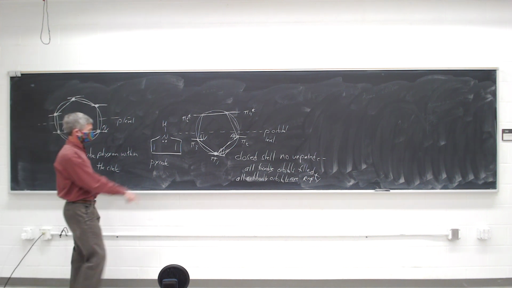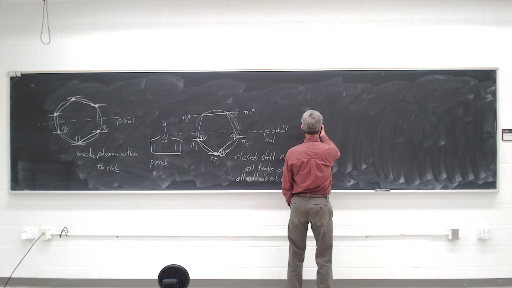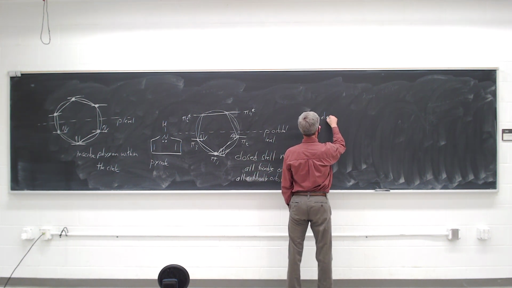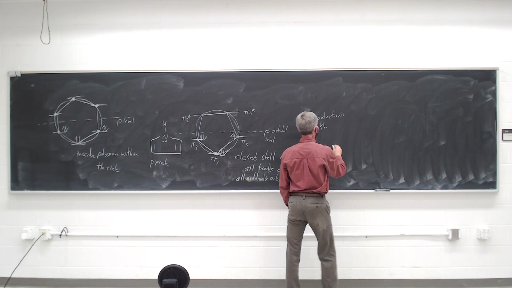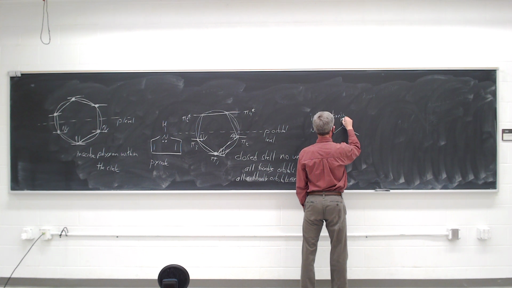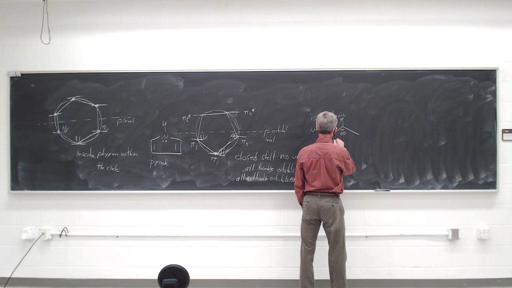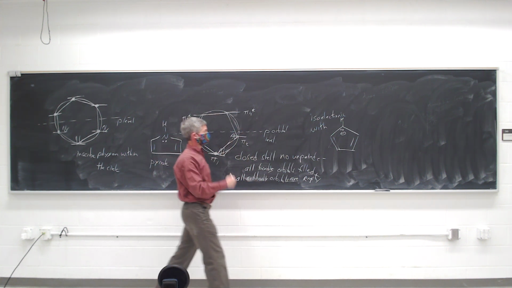So that's what it looks like. We got a nice closed shell. And this molecule is actually isoelectronic with the cyclopentadienyl anion. The cyclopentadienyl anion is also aromatic.